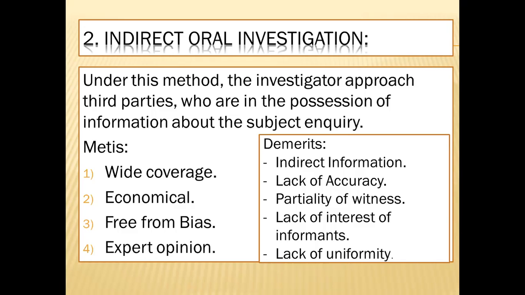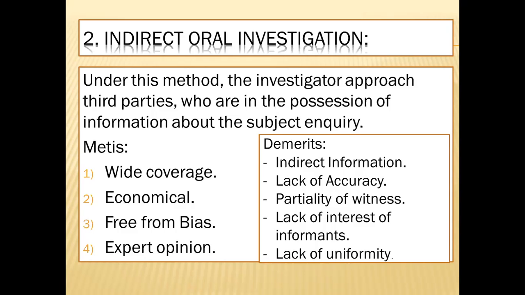Then the merits and demerits here also. Merits: wide area coverage, economical, and free from bias. Here there is no biasness, because the related person is not saying it, another person is saying it, so there is no chance of bias, and expert opinion will be there.